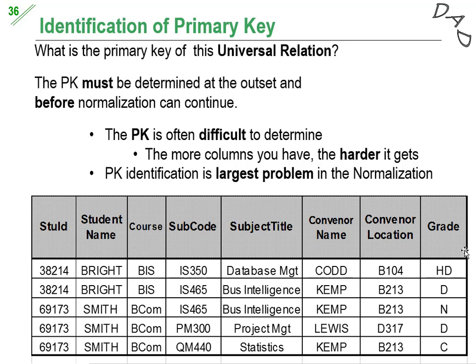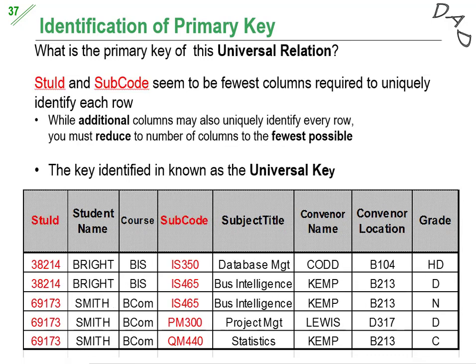What do you think? What should be the primary key of this particular universal entity? Is it the student ID, or is it something else? Is it the student ID combined with some other columns? Identifying the primary key in a given table is a bit challenging.